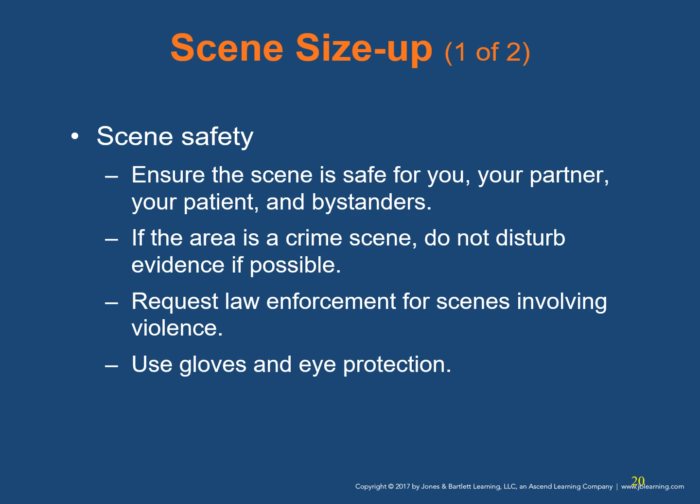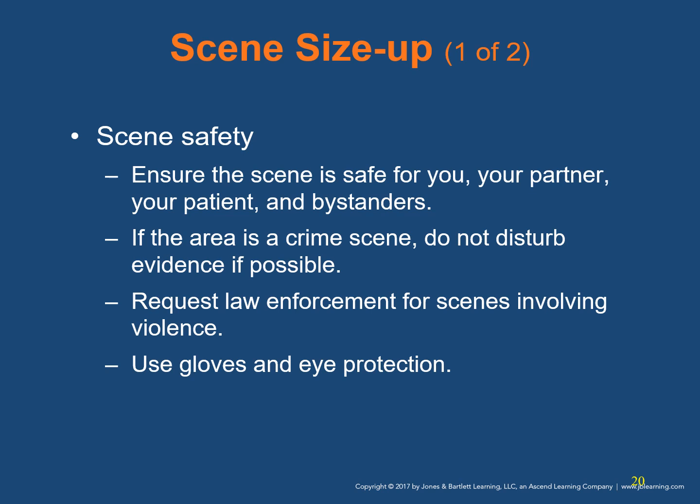Patient assessment. Scene size-up. Scene safety. Observe for hazards and threats to the safety of the crew, bystanders, and the patient. If the area is a crime scene, do not disturb evidence if possible. Request law enforcement for scenes involving violence, such as assault or gunshot wounds.